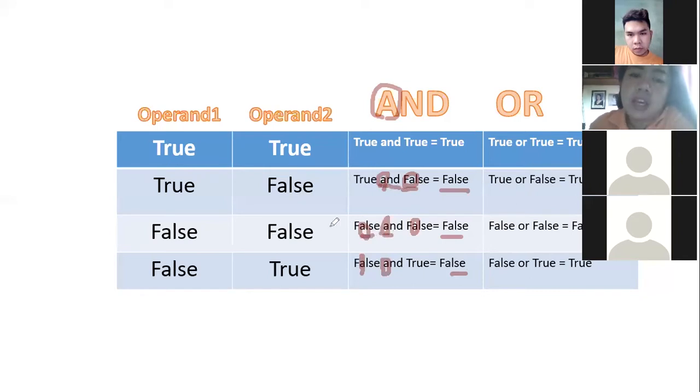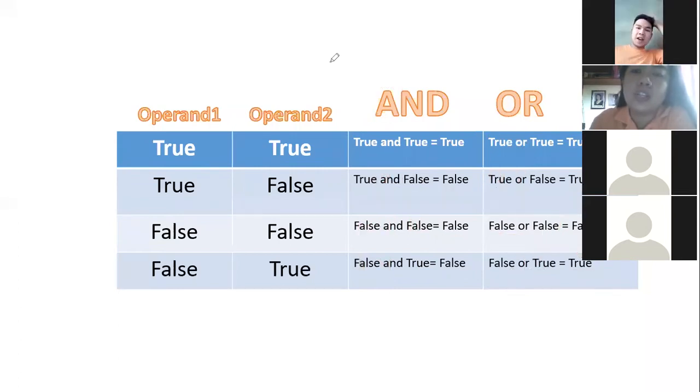Sa true, dahil ang or ay may R, ang true ay may R, kapag or ang operation, the answer is true. Basta may R, piliin mo yung R. Dito wala namang R, the answer is false. Nakuha yung clue? Yes po. Alright.